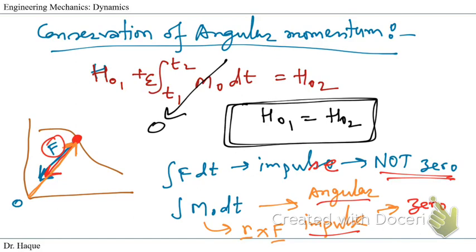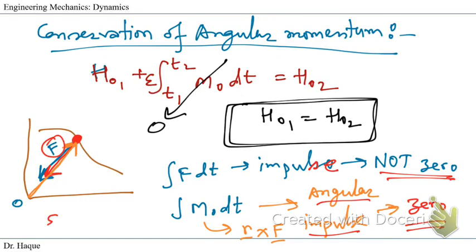It's funny and interesting. It also implies that when the force is acting, the conservation of momentum may not be valid because there is impulse, but at the same time the conservation of angular momentum may be valid because the angular impulse is 0.